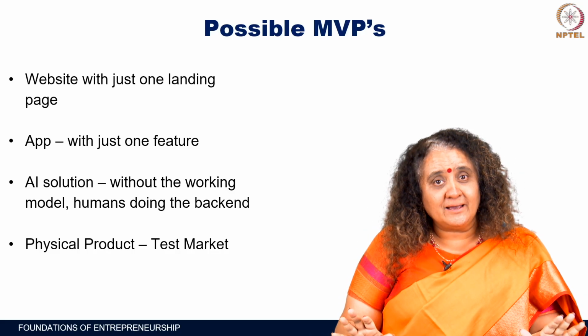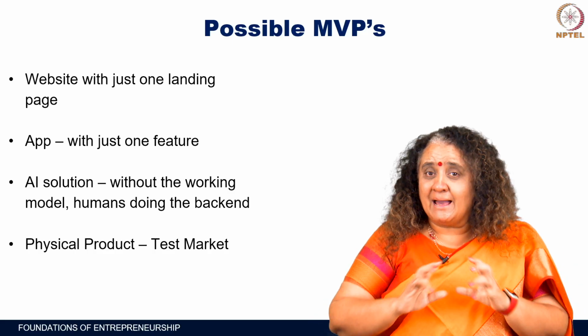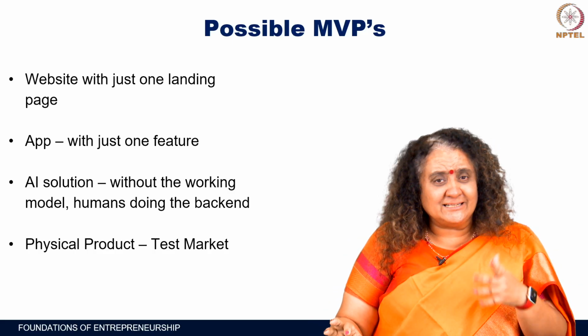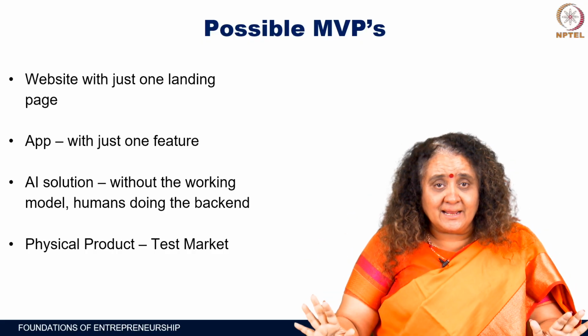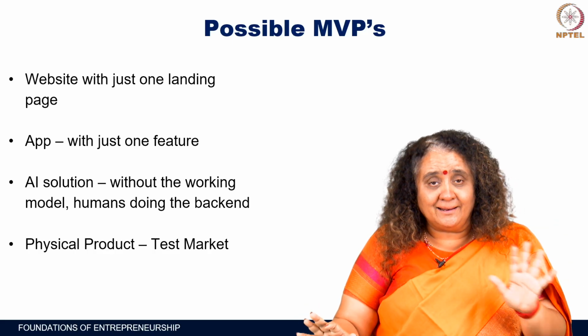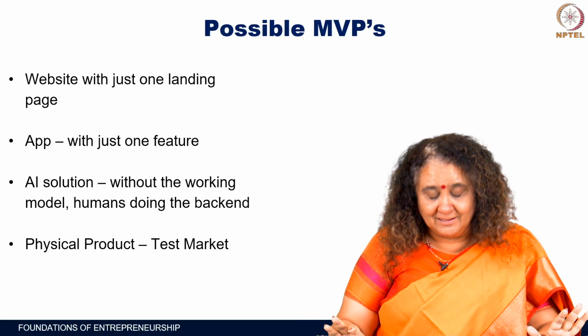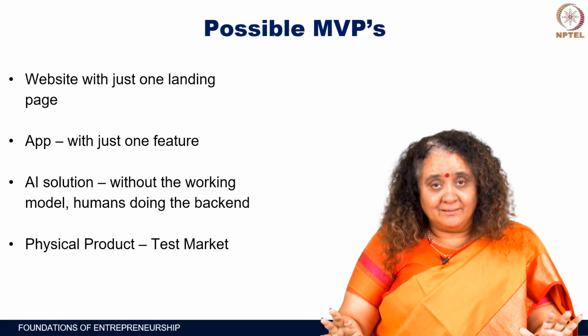So, what is a minimum viable product? It is a product which could be one landing page, an app with one feature. If it is an AI tool, the AI tool is at the front end, but at the back end, instead of the data and the LLM which has already been created, there are actually human beings doing the work of a chatbot.